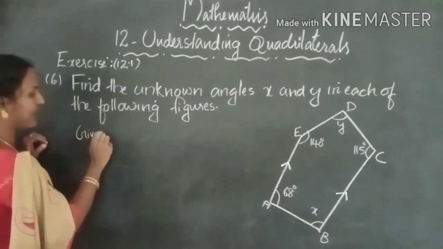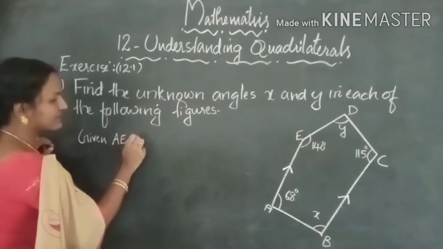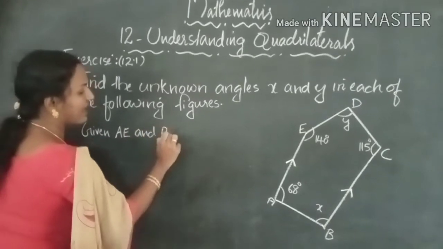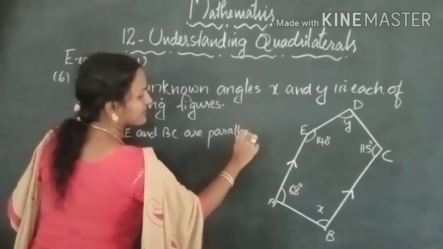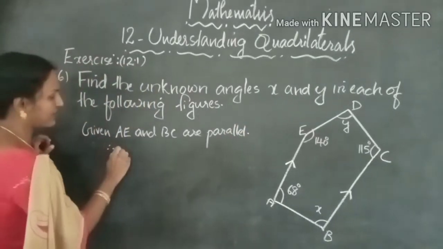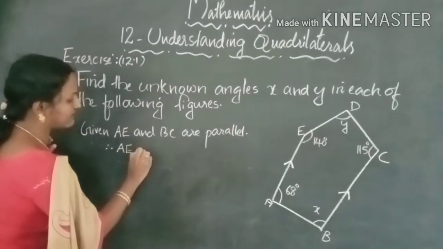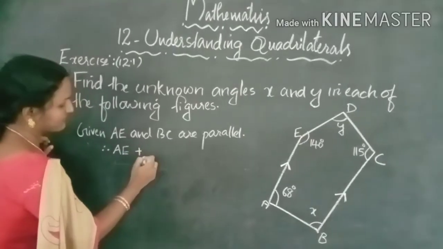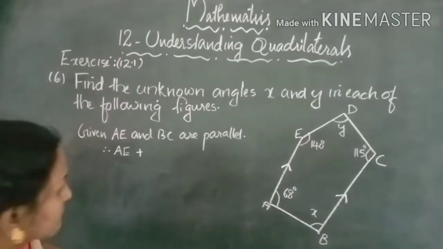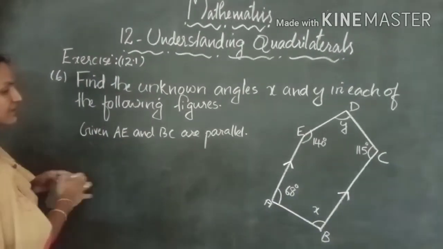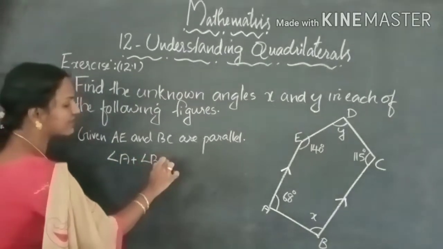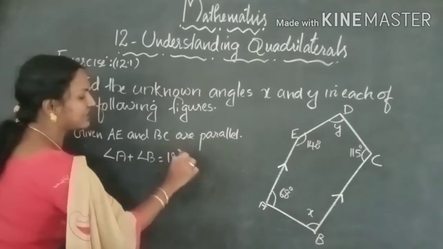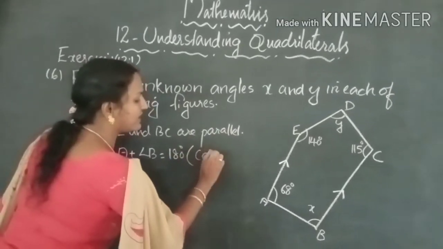Given AE and BC are parallel. Therefore, angle A plus angle B is equal to 180 degrees. Why?